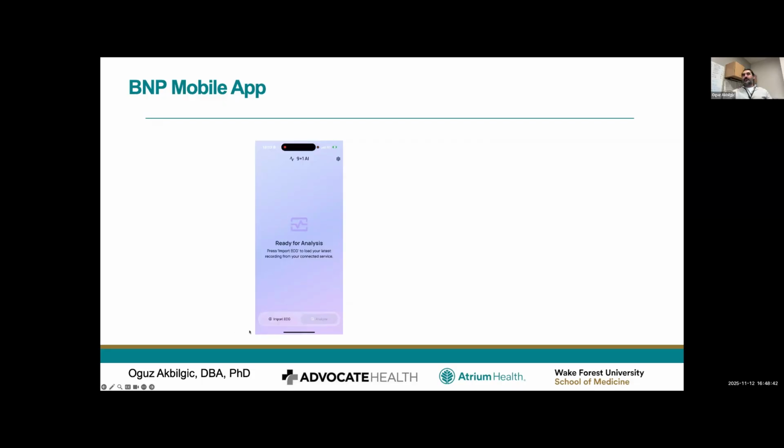When I click on import ECG, it pulls the latest ECG I recorded as a waveform. And when I click on analyze, it analyzes that easily. Literally, you record your ECG, and then everything happens in almost a fraction of a second. It estimates that your BNP is not more than 100. You are at low risk.